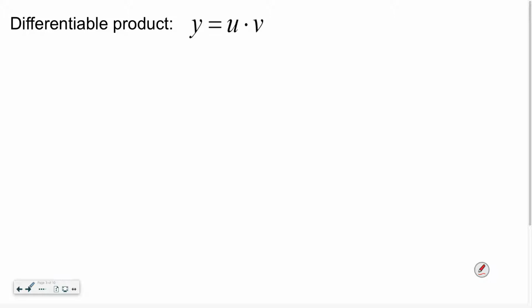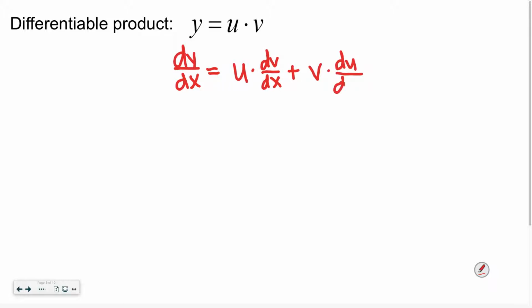Well, how would we take the derivative with respect to x? dy dx would be, we have to use the product rule. I'm going to do it in kind of a strange order, but just trust the process, okay? So we have u times dv dx plus v times du dx.